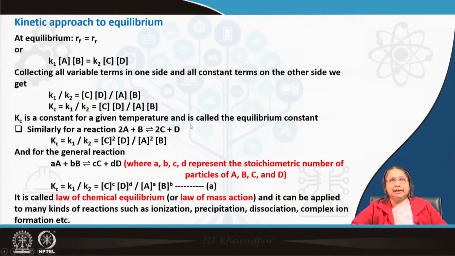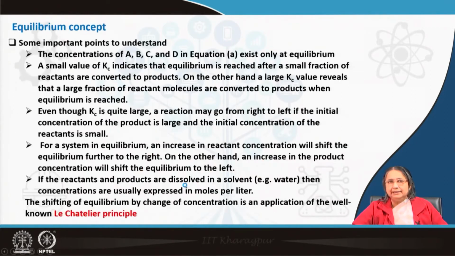What is equation A? This is equation A, you remember it. In this equation, the concentration of A, B, C and D exist only at equilibrium. This is the equilibrium concentration, you must remember it. And when you obtain a very small value of K, what does it mean?